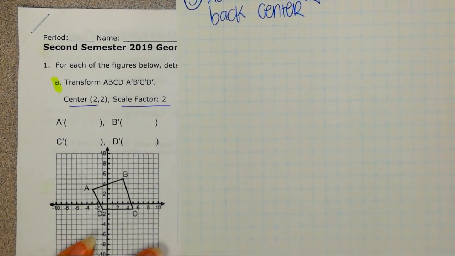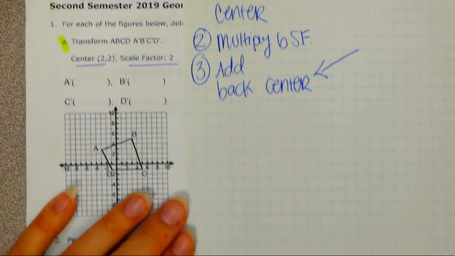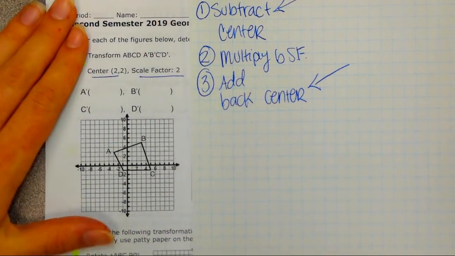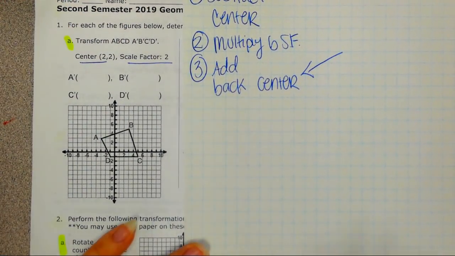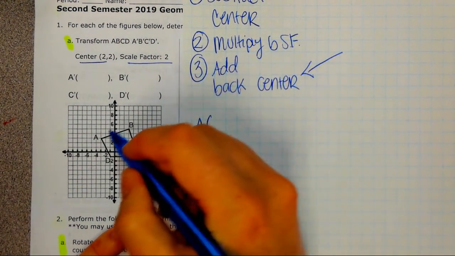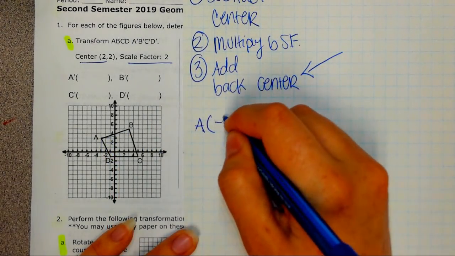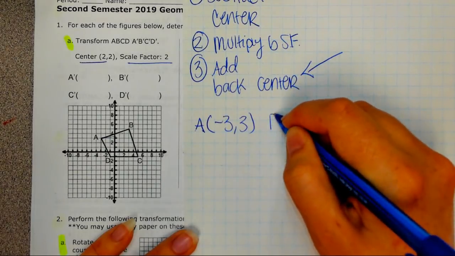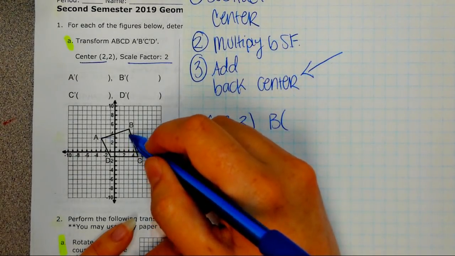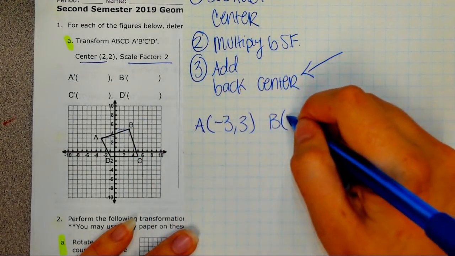Okay, so with that said, here's our coordinates. So let me see if I can get this all in the frame. All right, so A is at the coordinate -3, 3. B is at 3, 5.